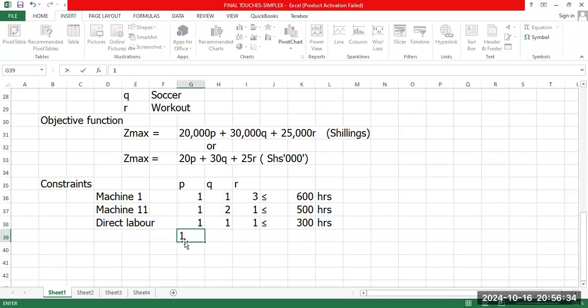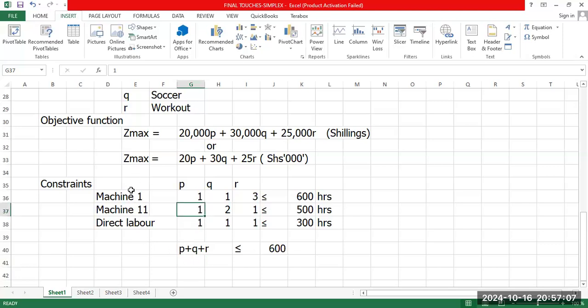Where there is 1, you just get 1 times P. This will be P plus 1 times Q, that is Q, plus 3 times R. You are trying to form the inequality now, combining everything.